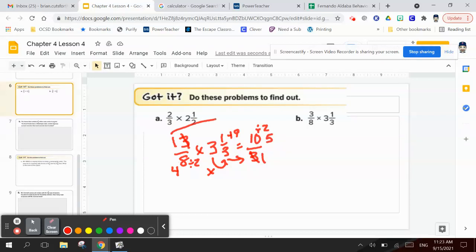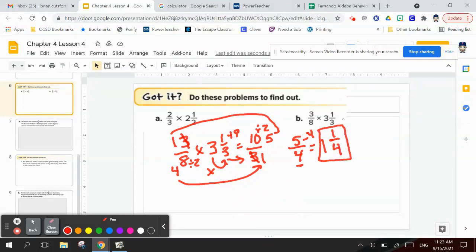So then I multiply 1 times 5, and I get 5. 4 times 1 is 4, and 4 goes into 5 one time. 5 minus 4 is 1.